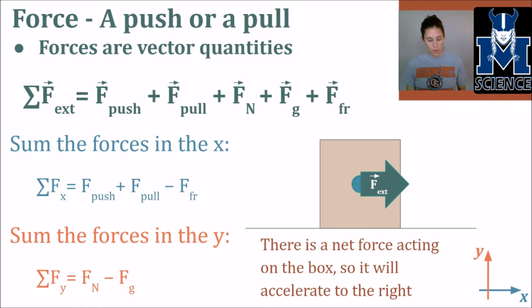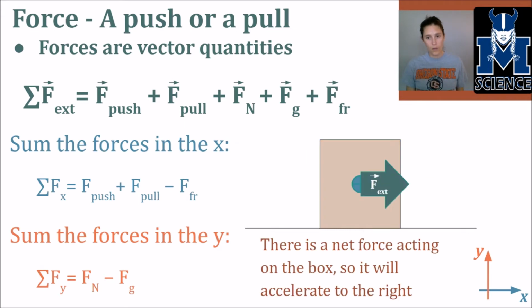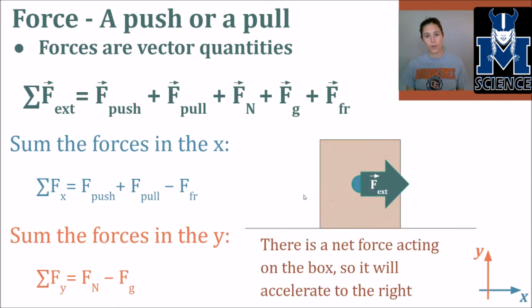I didn't put numbers to these, but let's say the push and pull together are a little bit more than that friction force, so we have a net external force.